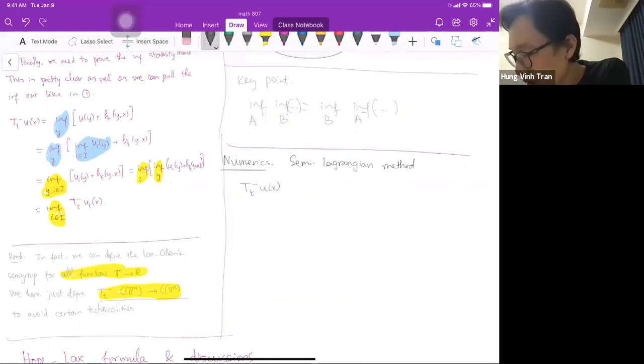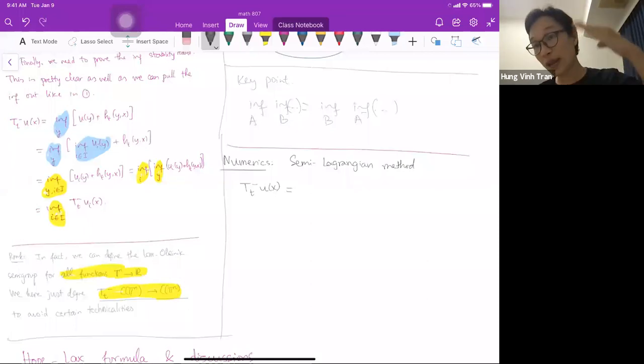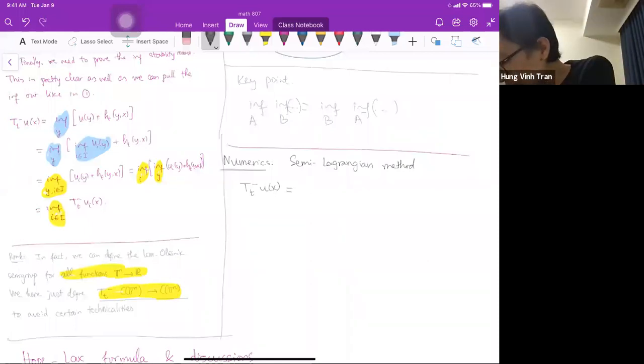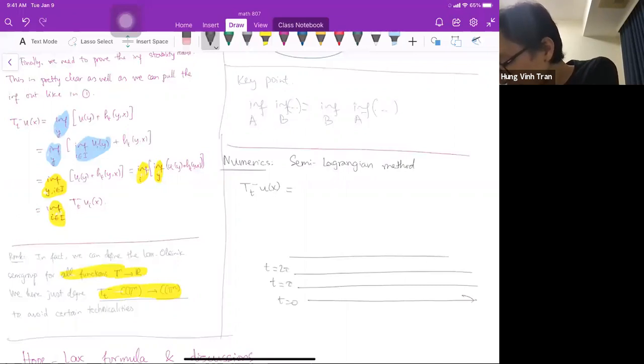What people have been doing is computing it for small time steps, of course. You start with time step 0, and you go to time step tau and 2 tau, so T1, T2, and so T_K is K tau.